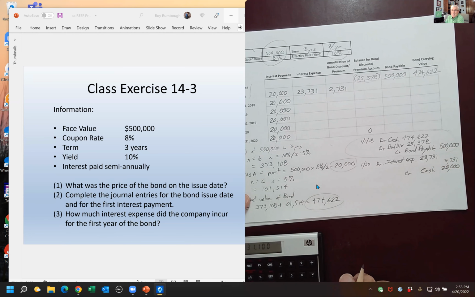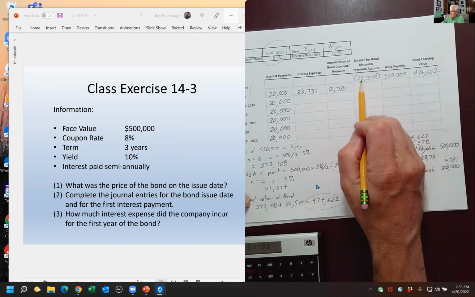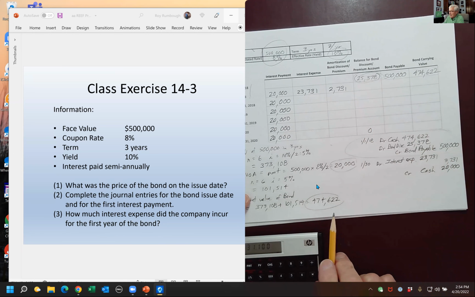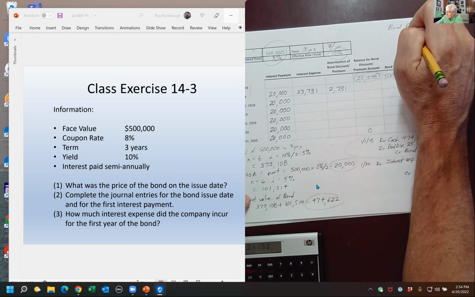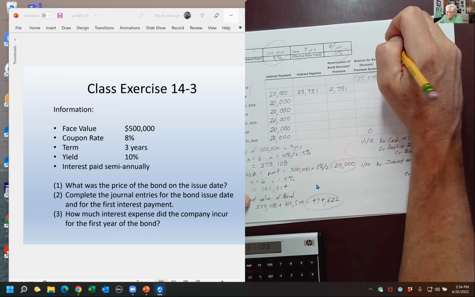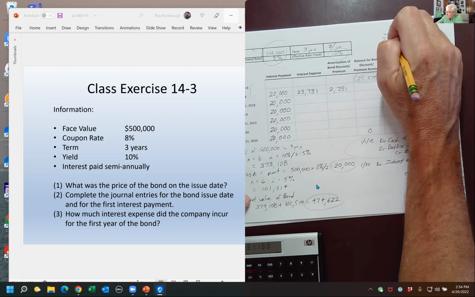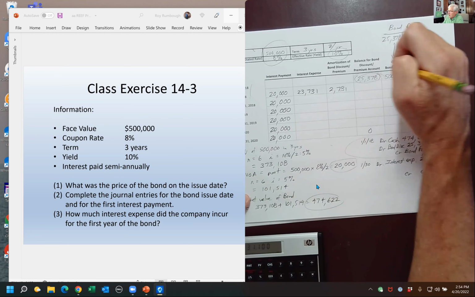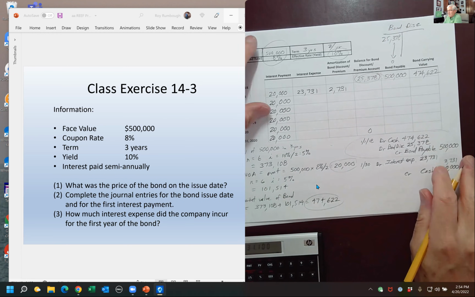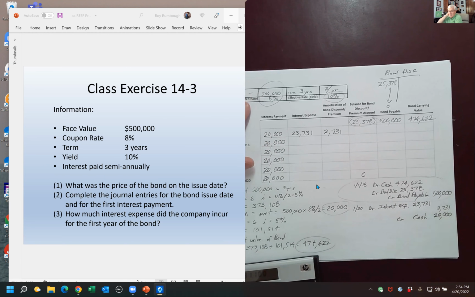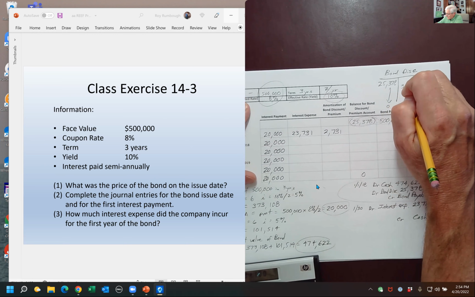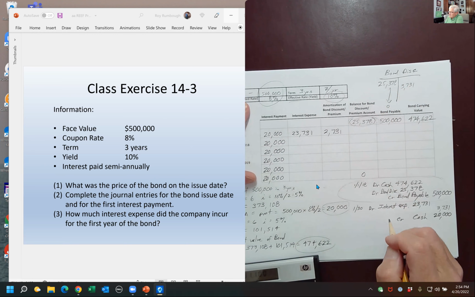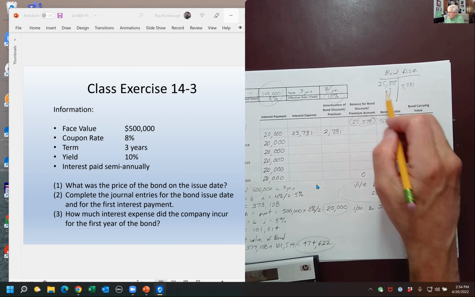But I'm going to tell you, that makes a lot of sense because we're starting out with a $25,000 debit balance in the bond discount account. We start with the 25,378, and this has got to go to zero over the 6 periods, and so we have to credit it. A credit reduces that debit balance, 3,731.